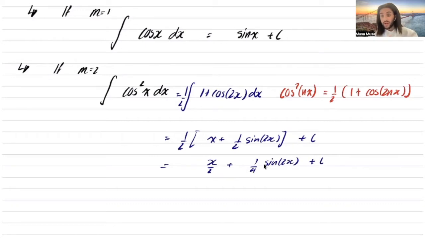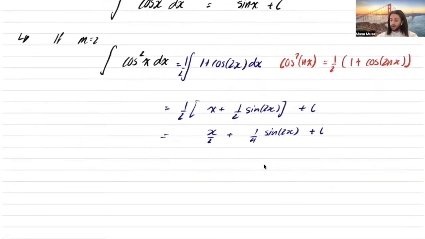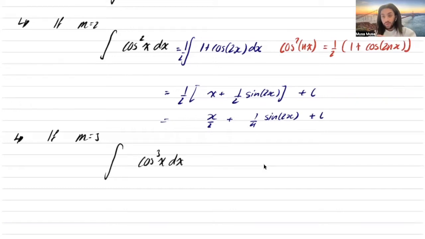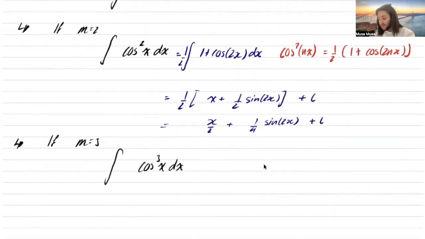Now you should be already quite aware of this because we're going to get into much trickier scenarios. For example, if m equals 3, so the integral is of cos cubed x dx. We don't have a rule for cos cubed x, like we have for cos squared.